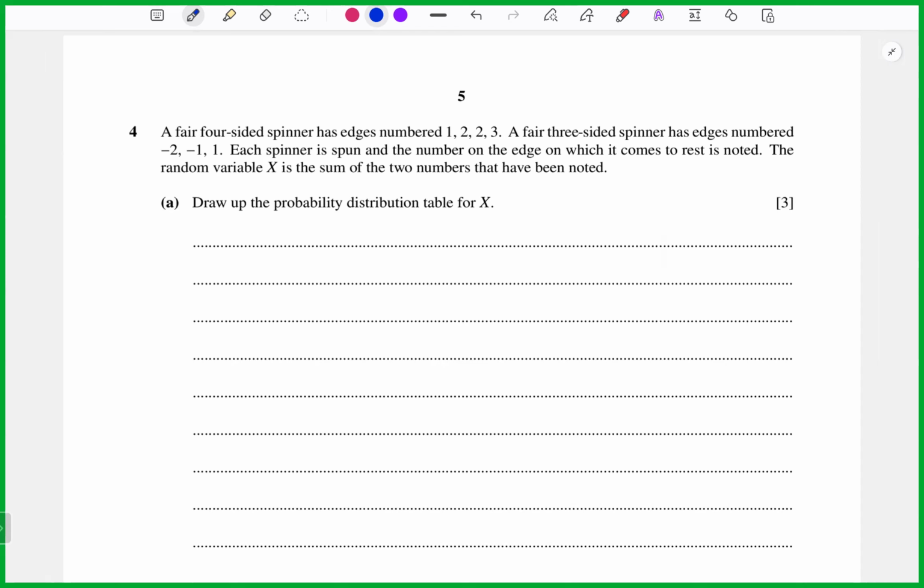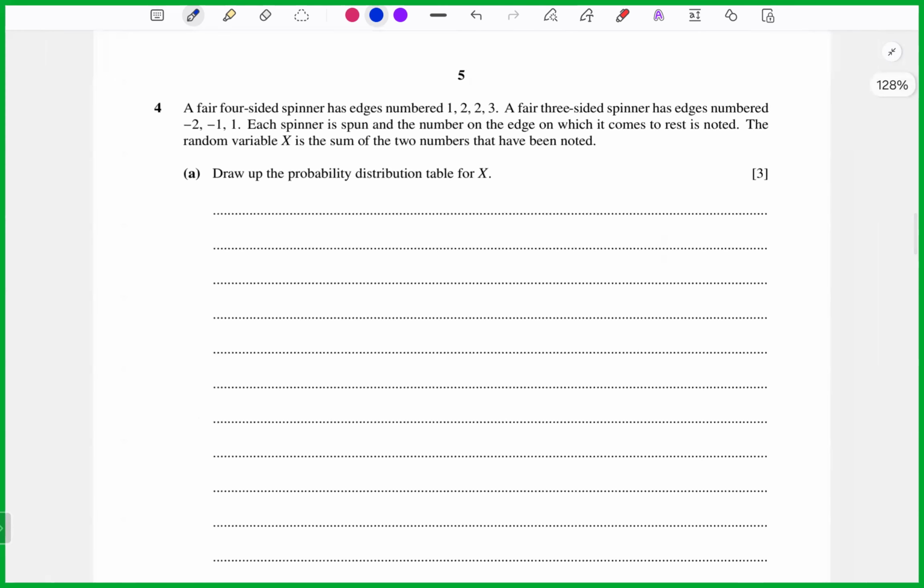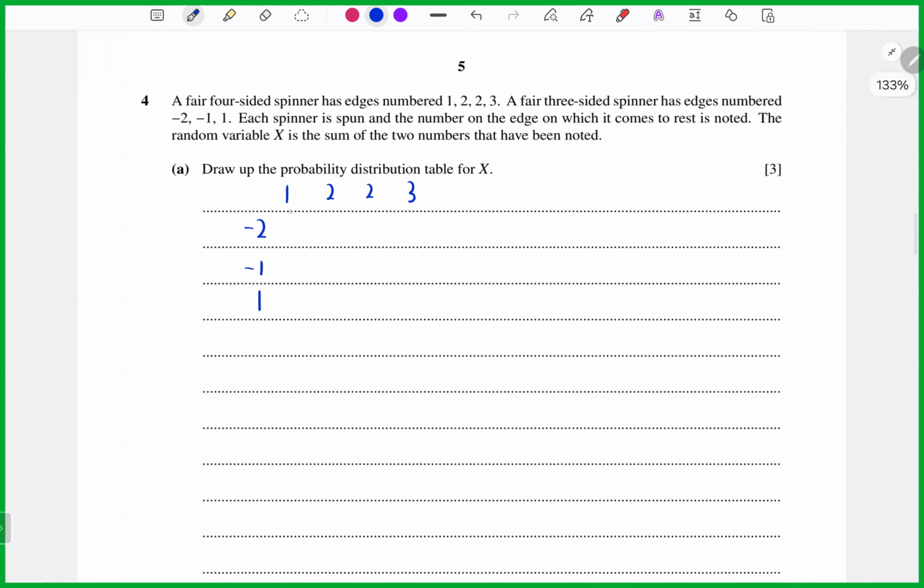So here I need to draw two tables first. This is 1, 2, 2, 3, and here is -2, -1, 1. Negative 2 plus 1, you get -1. Negative 1 plus 1, 0. 1 plus 1, 2. Negative 2 plus 2, 0. Negative 2 plus 2, 0.